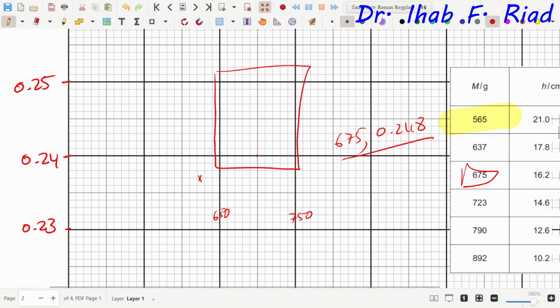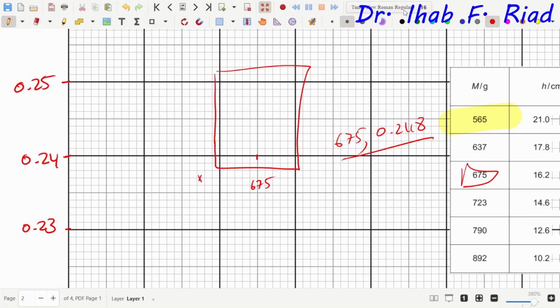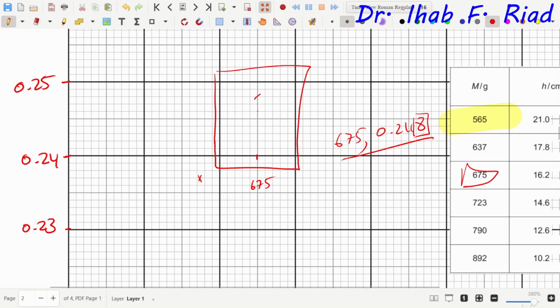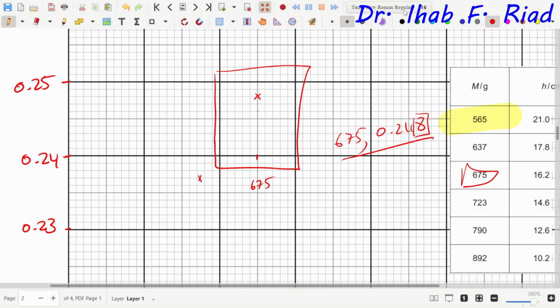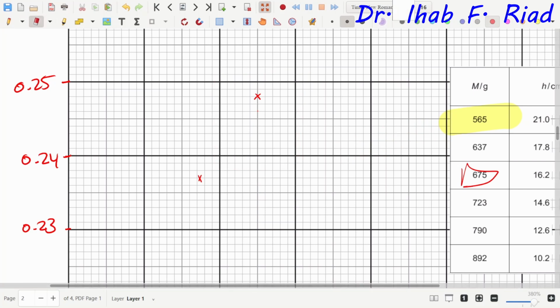Then the line in the middle is 675. So it is very simple. What about 0.248? It means that it is going to be 8 small squares away from the 0.24. So 5, 6, 7, 8. Now you can see we can do the representation much quicker.